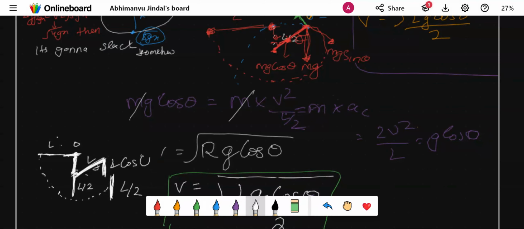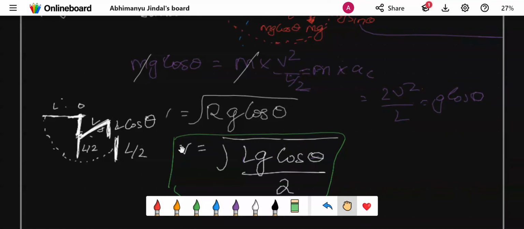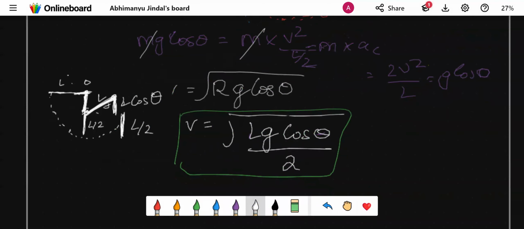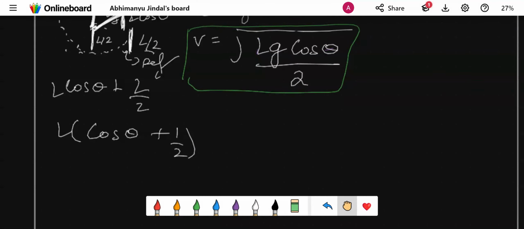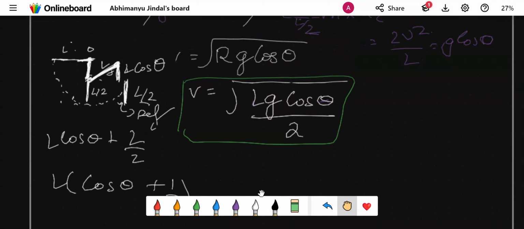Okay. So this right here is L cos theta, and this right here is L by 2. So the height, with this as reference, is L cos theta plus L by 2. Oh yeah, my bad. This right here is L by 2.